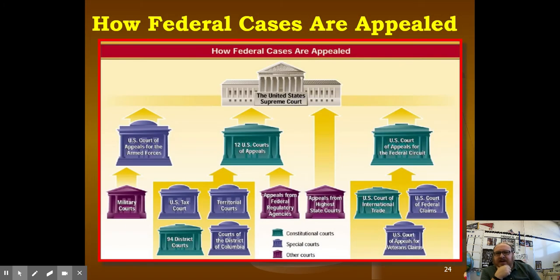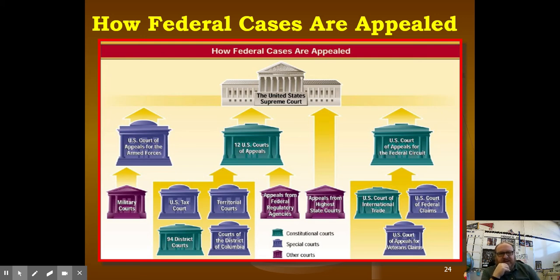All right. So how are federal cases appealed? This little graphic organizer here shows that. The reddish purple ones are other courts. The regular purple are special courts. The green are the constitutional courts.